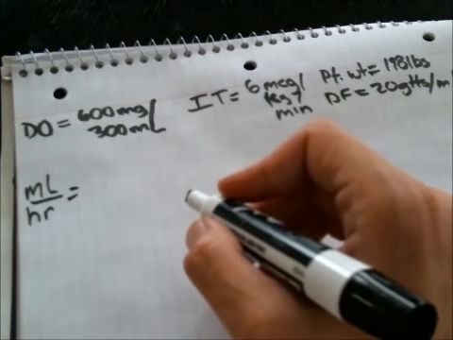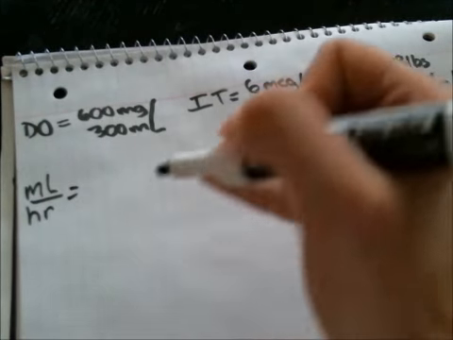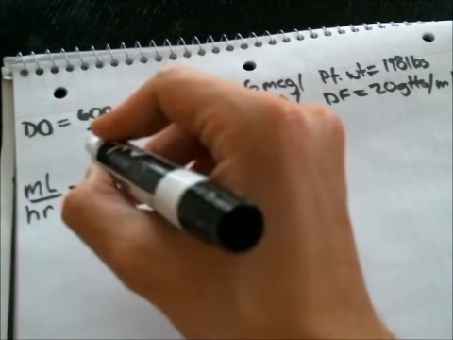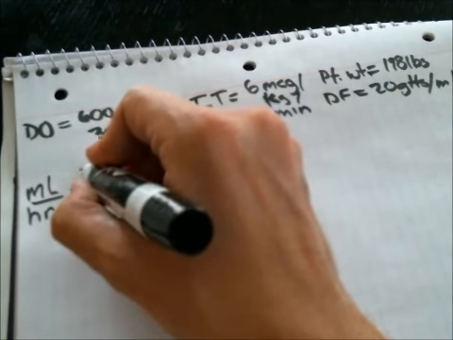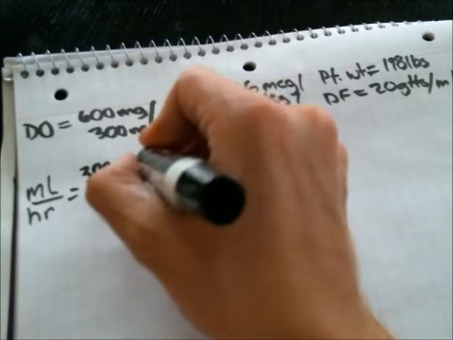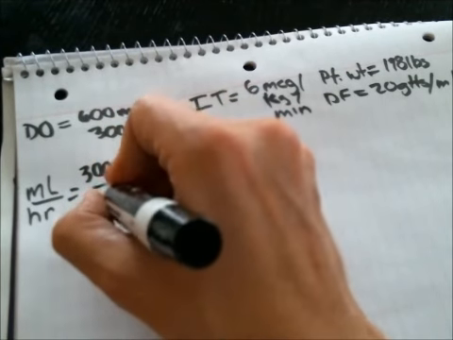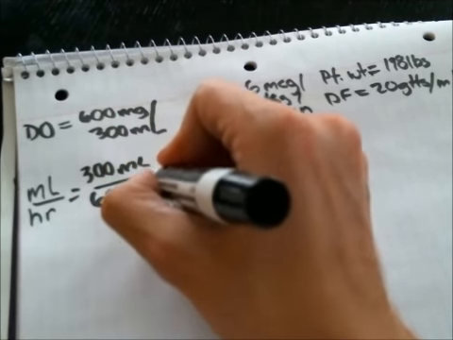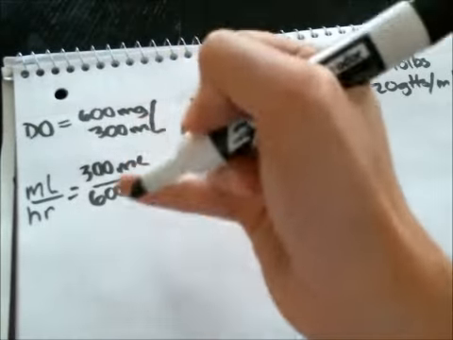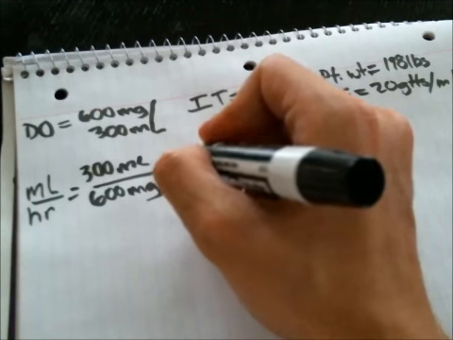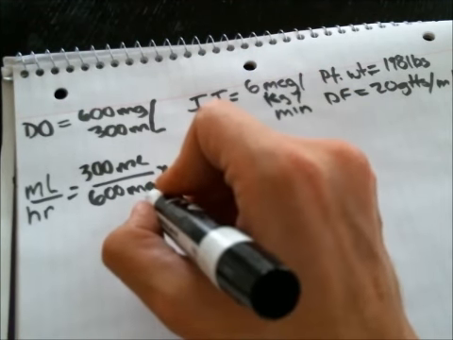Okay, let's see. The first piece of information we can add that includes milliliters is the doctor's order, which is a good place to start. So we have 300 milliliters per 600 milligrams. Again, we can switch the order as long as we end up with everything in the right place. Okay. Now, we've got milligrams here.